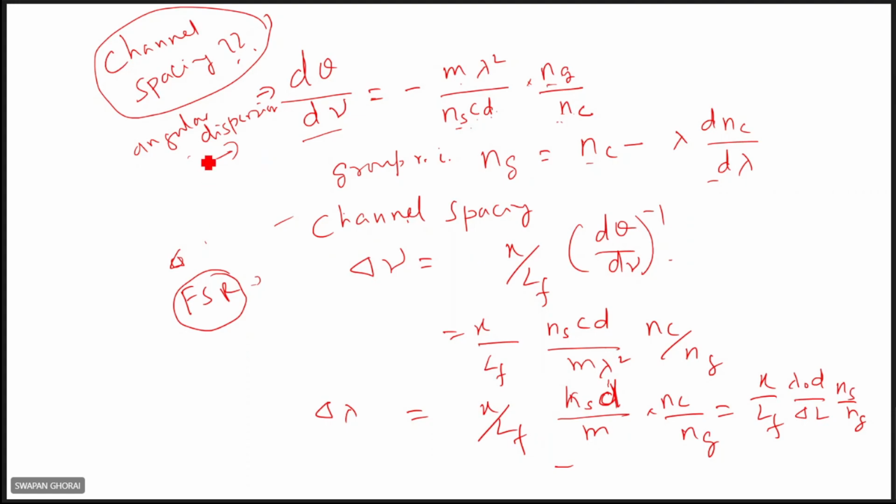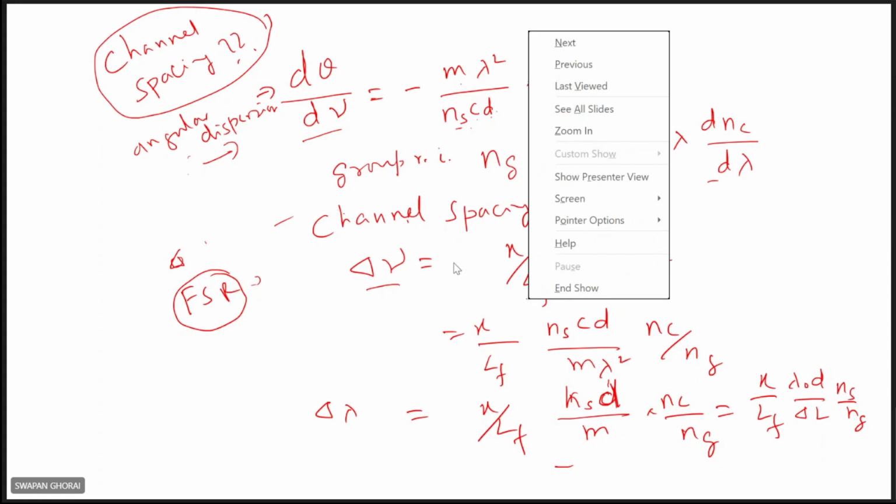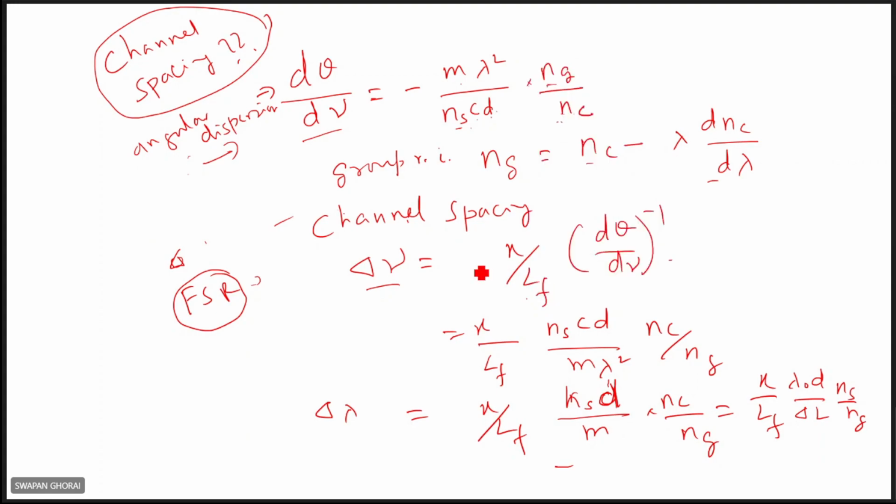So the channel spacing in terms of frequency, delta nu, is x by 2 Lf, where Lf is the focal length of the star coupler. So it is x by Lf times d theta by d nu, all to the power minus 1. If we put this in, you get the expression for channel spacing delta nu.